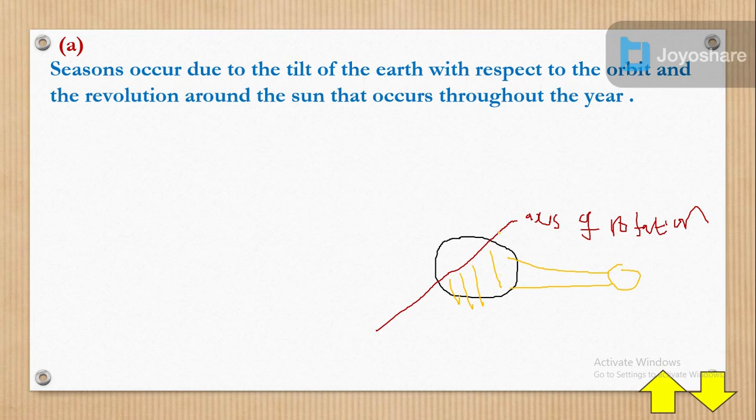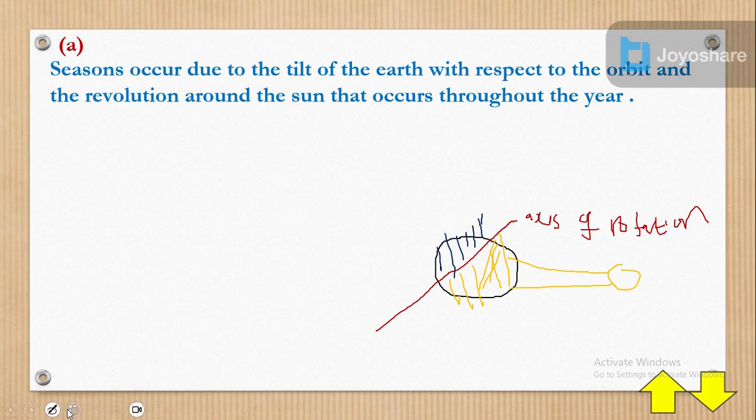Allow me to shade like that. This one will experience the sunlight. And now the other side, allow me to use blue for that. This part is not experiencing the sunlight. This one is not receiving, this one is receiving.